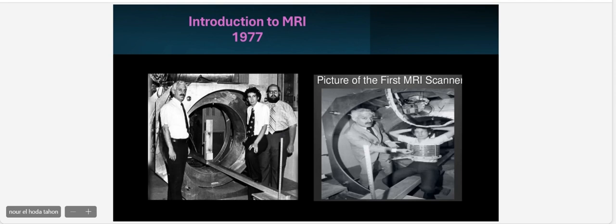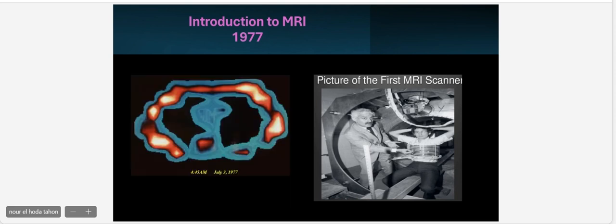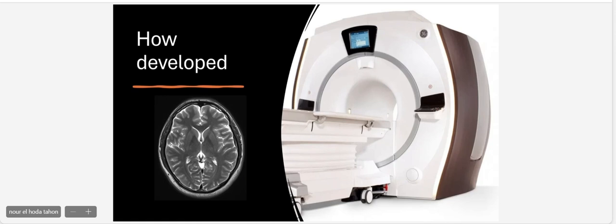I feel it's worth talking about the people who started to invent the MRI. This started in 1977, and you can imagine how hard this was, with the people here in the magnets. They started to acquire images, and here are the first MRI images that I found online. You can see now the difference, the innovation, and we are now part of this innovation, right?